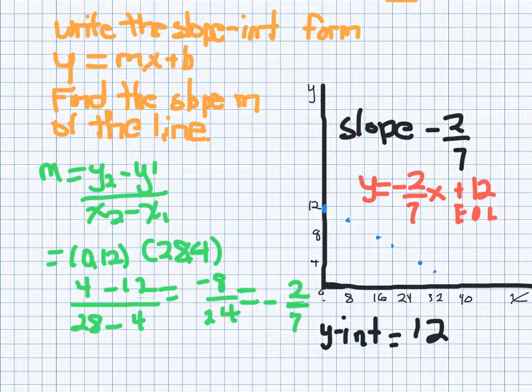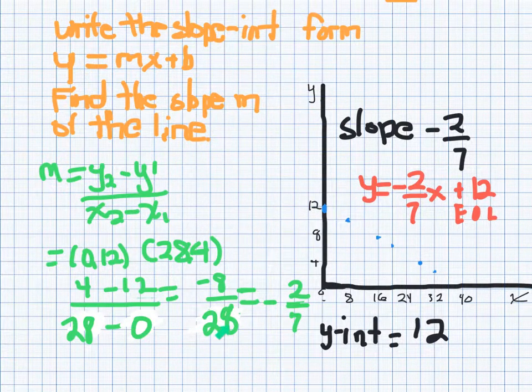So I work this out. I have 4, which is right here, minus 12, which is right there, over 28 from there, minus 4. Okay, that's not right. Hang on. Okay, sorry, I wrote it down wrong. So we have 4 minus 12. There's the 4, there's the 12, over 28 minus 0.